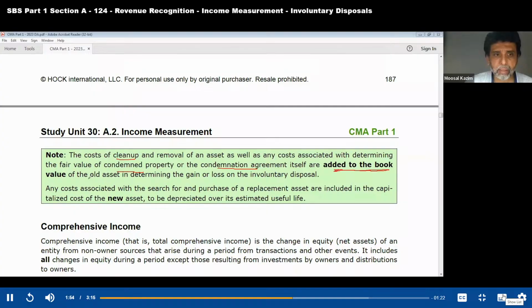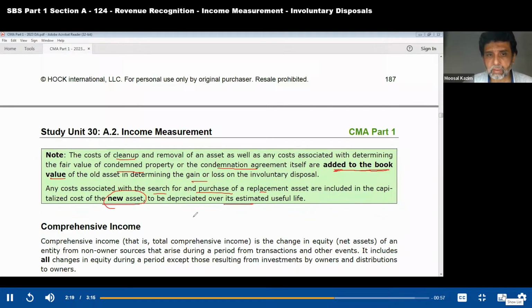It has to be added to the book value of the old asset, and then you determine the gain or loss on the involuntary disposal. Any cost associated with the search and purchase of a replacement asset should be capitalized as the cost of the new asset and depreciated over the estimated useful life.